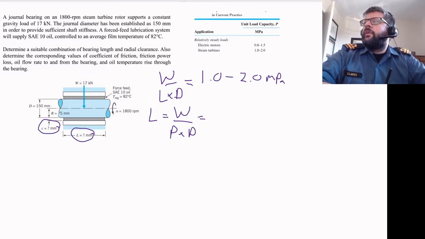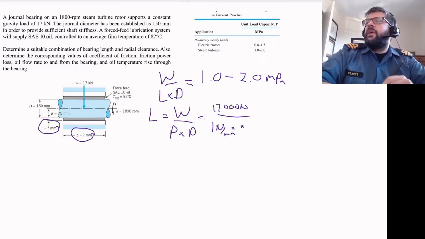So we have 17,000 newtons divided by 1 newton per millimeter squared times a D of 150 millimeters.